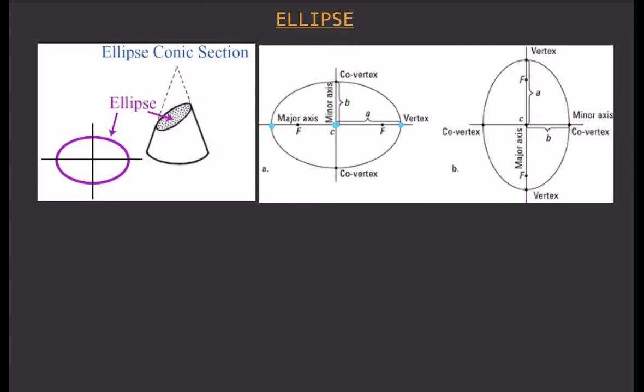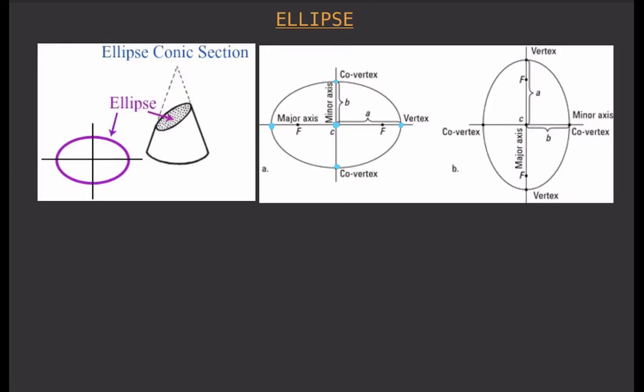But your ellipse could be elongated in the horizontal direction or the vertical direction. Your vertex will always lie at the endpoints of your ellipse where it is longer. The endpoints of the ellipse where it's shorter are your co-vertices.